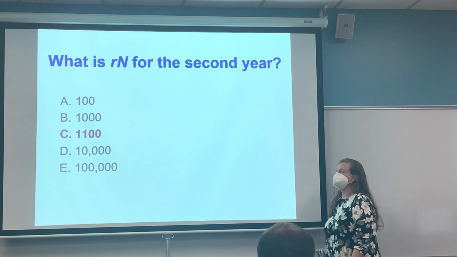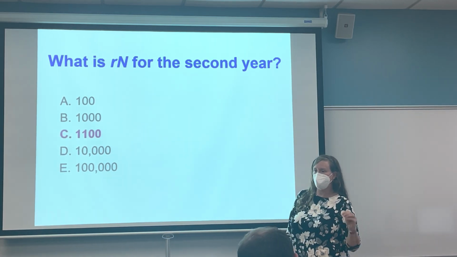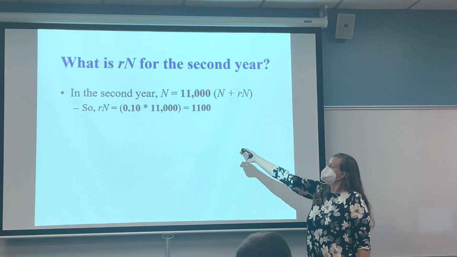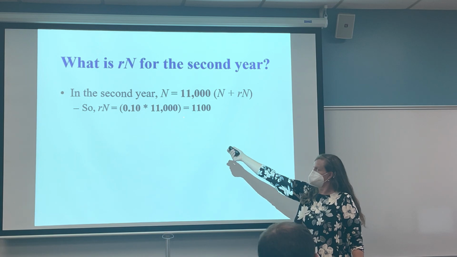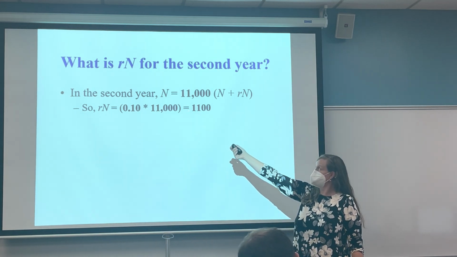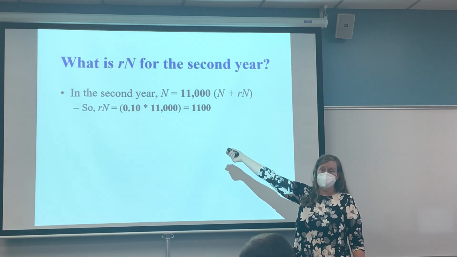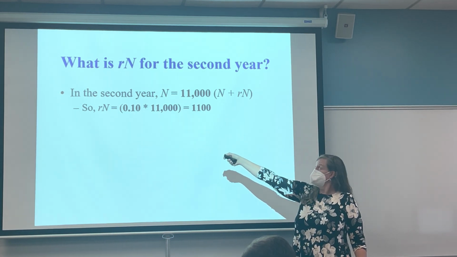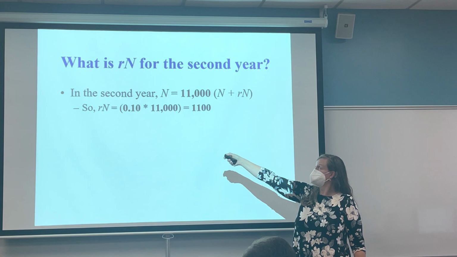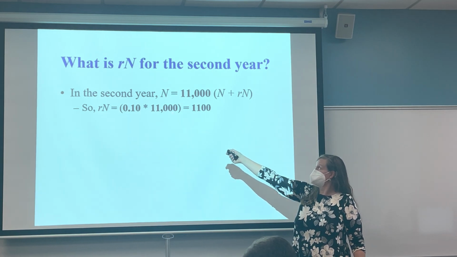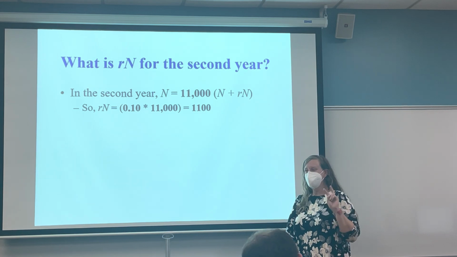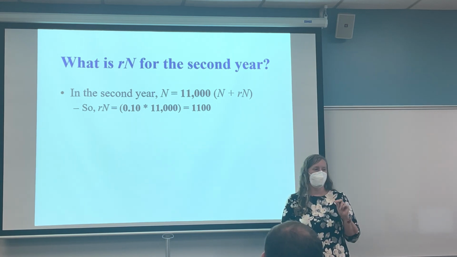Good, 1,100. We added 1,000 in that first year, so in the second year our population size became 11,000 times our original r, which was 10%. 10% times 11,000 gave us 1,100 more individuals. So in 2 years, we've added 2,100 extra individuals.